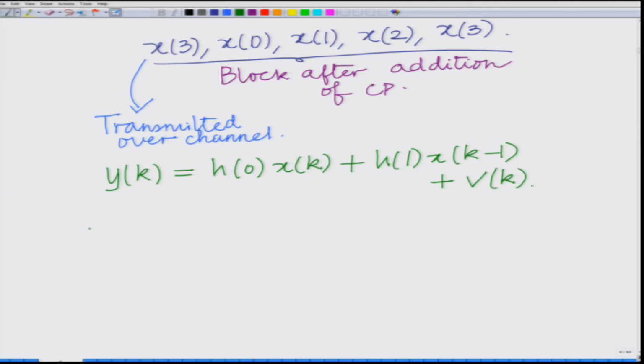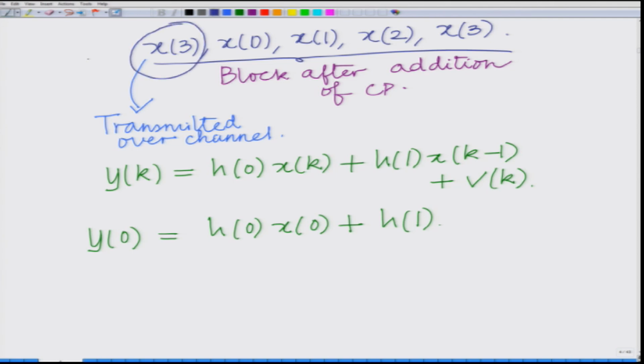Now, if you look at the symbol y0, we have y0 equals h0 x0 plus h1 times the previous symbol, but the previous symbol you can see is x3 because of the addition of the cyclic prefix.